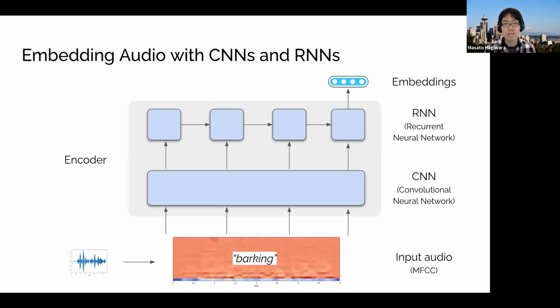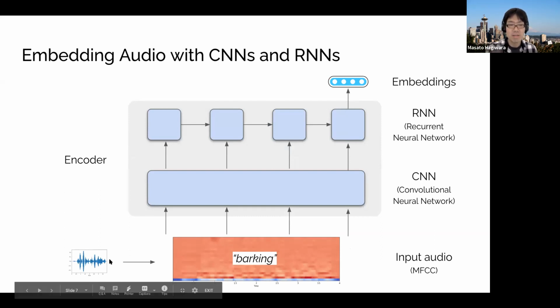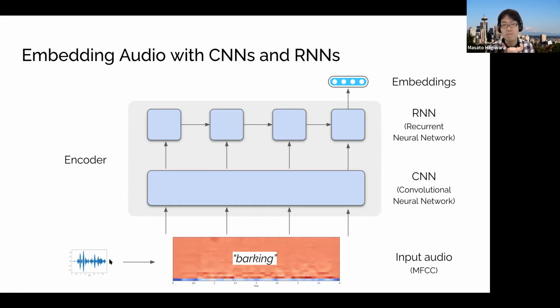The first problem is how you design a neural network. And here we use something called CNN and RNN. CNN stands for convolutional neural network, and RNN is recurrent neural network. So this works like this. You have the input, and first you convert this to some sort of feature representation, like a high dimensional representation of the audio.